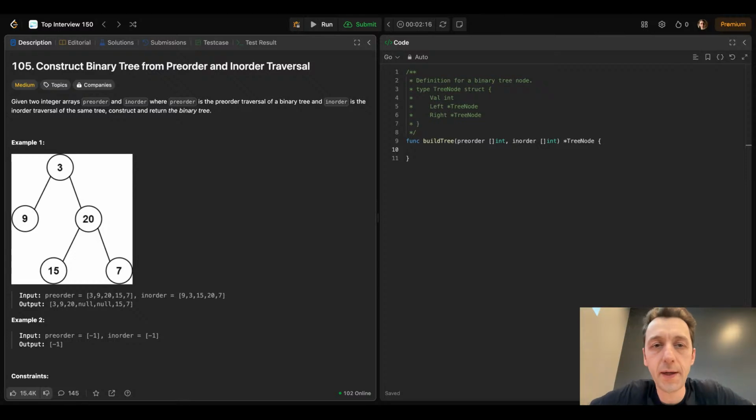Now, preorder and inorder traversal, I need to look those up because I can kind of remember that from these examples. So preorder is 3, 9, 20, so it's like node, left, right. Yes, preorder is node.